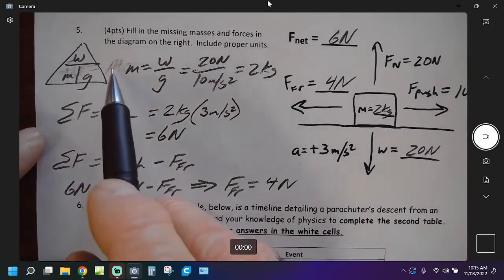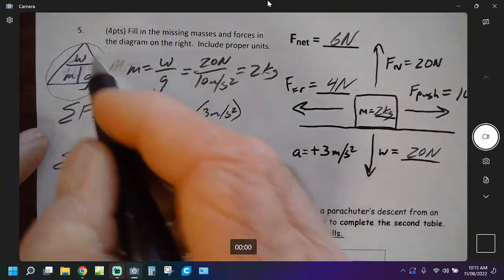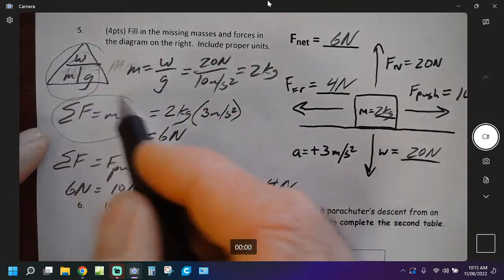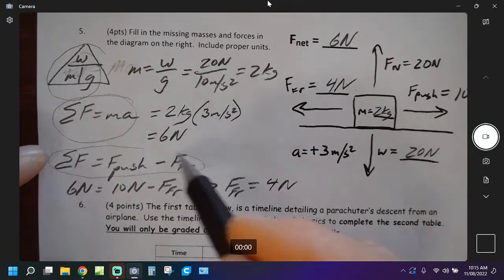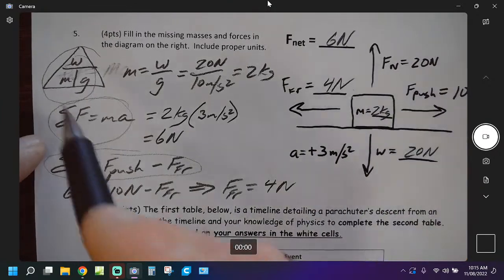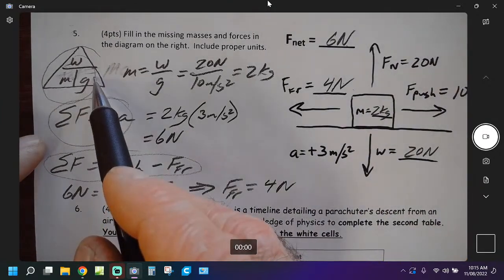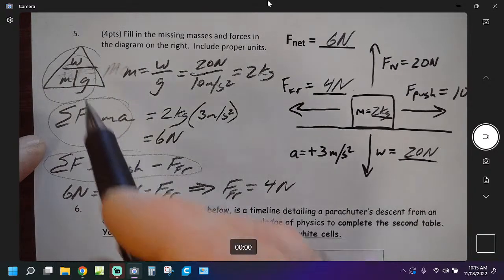First step, I mean, you've got all these tools. You have this, which I could write as a triangle also. And then you've got this, which is just saying that I can get the net force if I add up all the forces. So I use this first because if I tried these other things, I wouldn't have enough information yet.